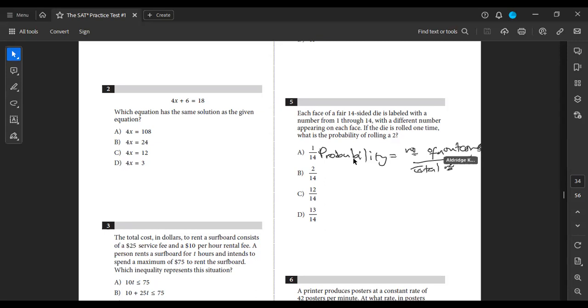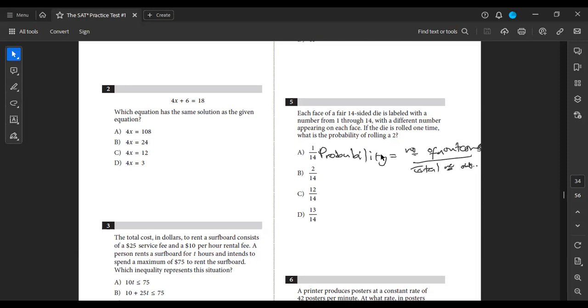The number of desired outcomes is 1, just like Alden said.